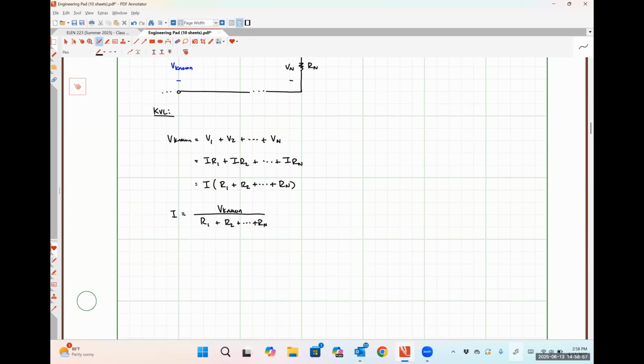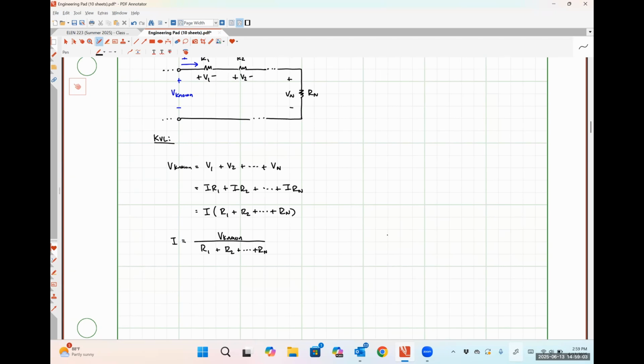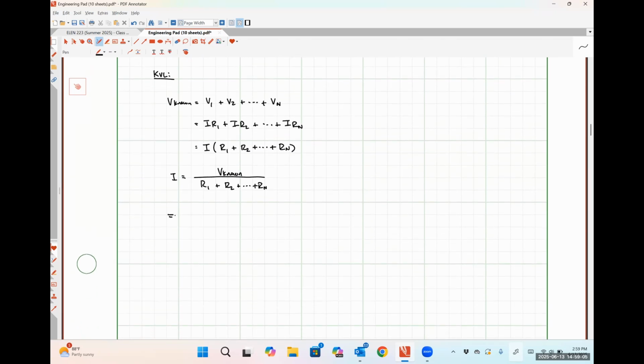And now I can use Ohm's law to find the value of any of those individual resistor voltage drops. So for example, we could say that V1, which is the voltage drop across resistor R1, is nothing more than I times R1, or V known multiplied by the ratio R1 over R1 plus R2 all the way out to R sub n, like so.